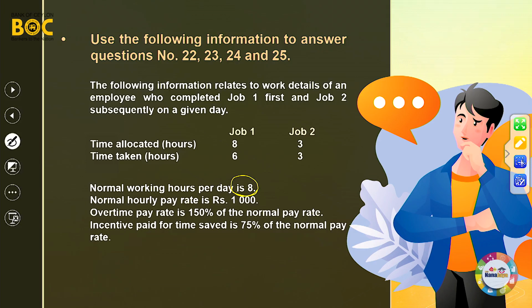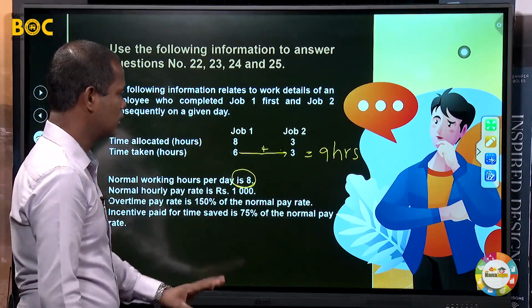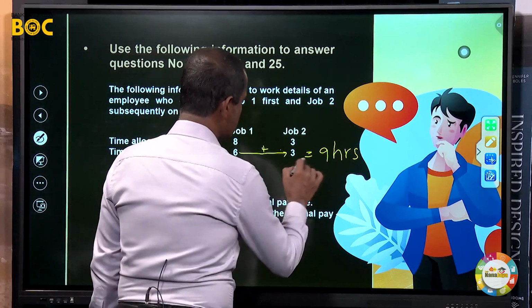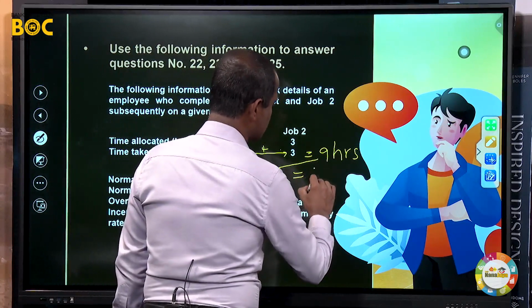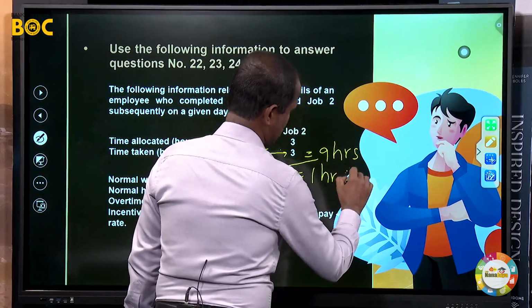But the time taken: the first job 6 hours plus second job 3 hours, altogether 9 hours. But normal working hours are 8. So 9 minus 8, he has worked 1 hour overtime.